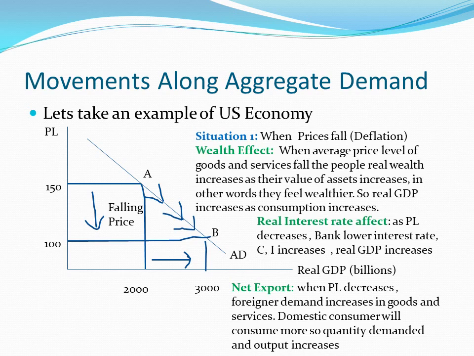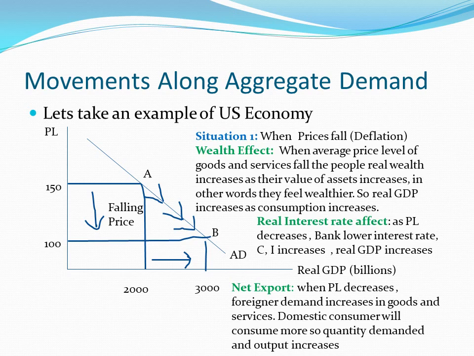For the wealth effect, you can say when the average price level of goods and services falls, people's real wealth increases as the value of their assets increases, or in other words, they feel wealthier because now they have more wealth or more money. So the real GDP increases because consumption increases.